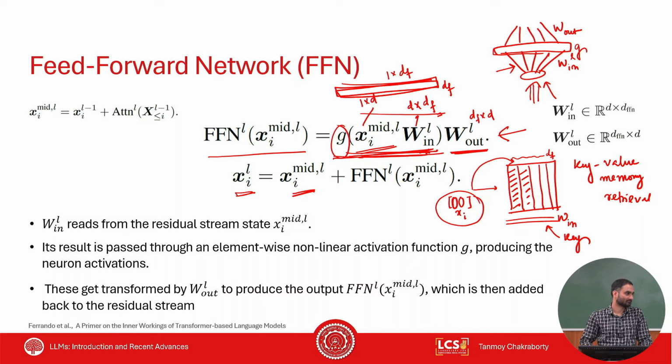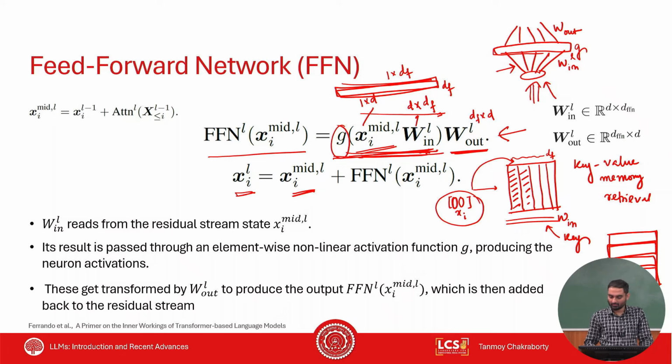This is the key, and that key will now be applied to W_out. You can think of W_out as the value storer. This is W_out. The dimension is DF times D, meaning there are DF number of values.